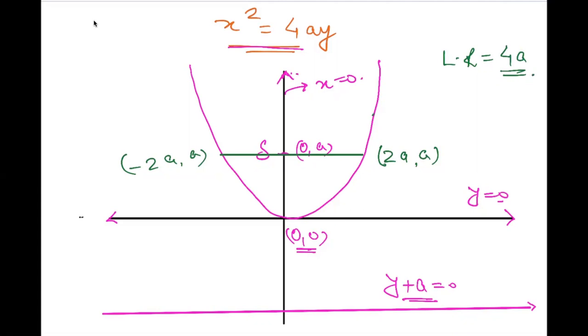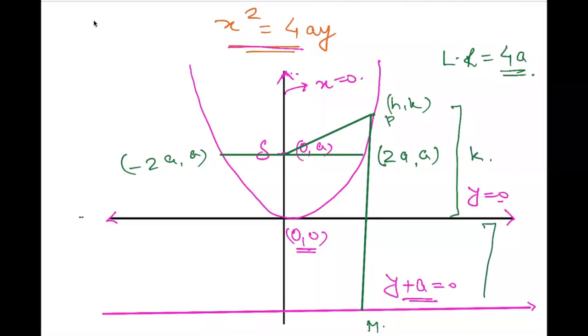Right? Any point (h, k), if I have to take, SP is equal to PM, right? So this length up to this is k and this is a.